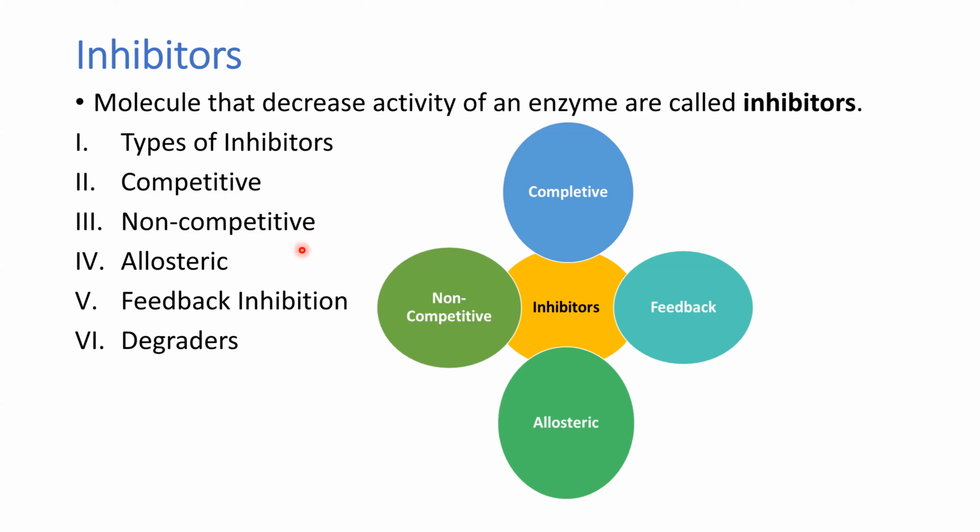Then there is feedback inhibition, and the most recent one, which scientists are exploring and working on nowadays, is the degraders. Degraders are a little bit different in a way that this is a destructive kind of inhibition, because here the activity will be broken down or stopped by cleaving the molecule, right?